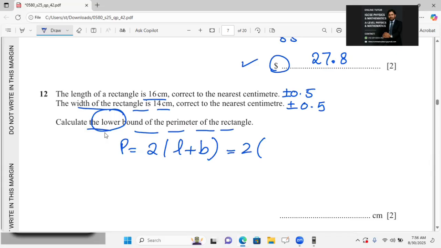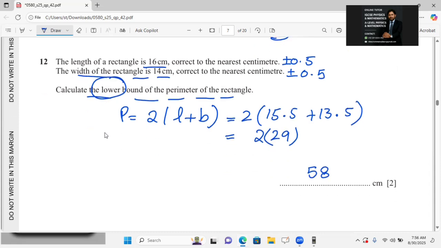So it is 15.5 plus 13.5. If I say 13 and 15 is 28, 29 into 2, which is equal to 58 over there. Okay.